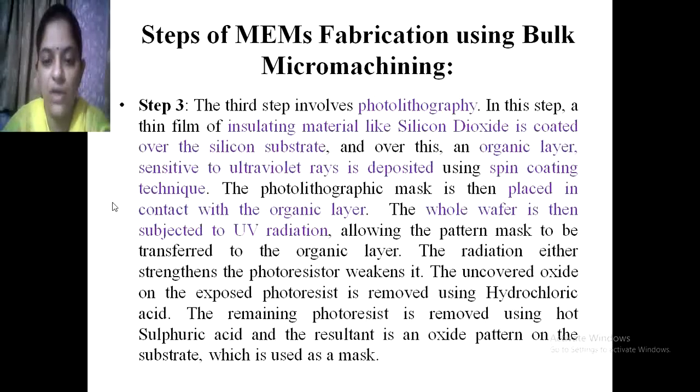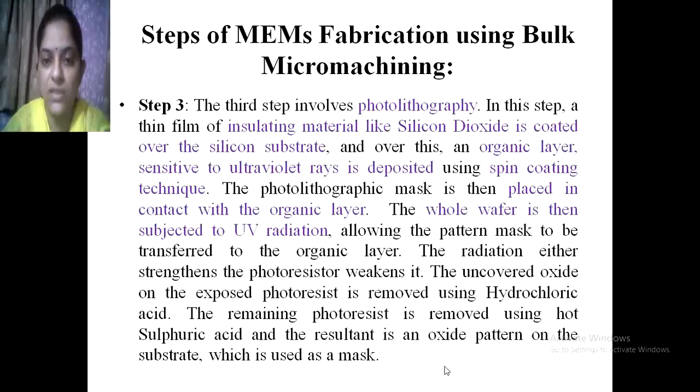The uncovered oxide under the exposed photoresist is removed using hydrochloric acid. The remaining photoresist is removed using hot sulfuric acid, and the result is an oxide pattern on the substrate, which is used as a mask.